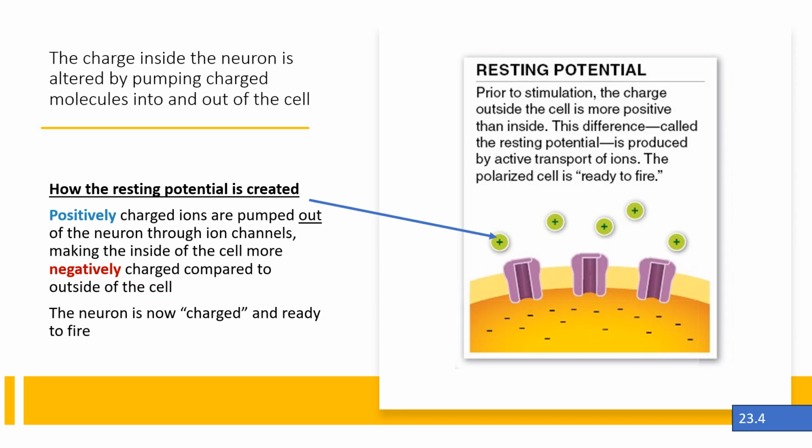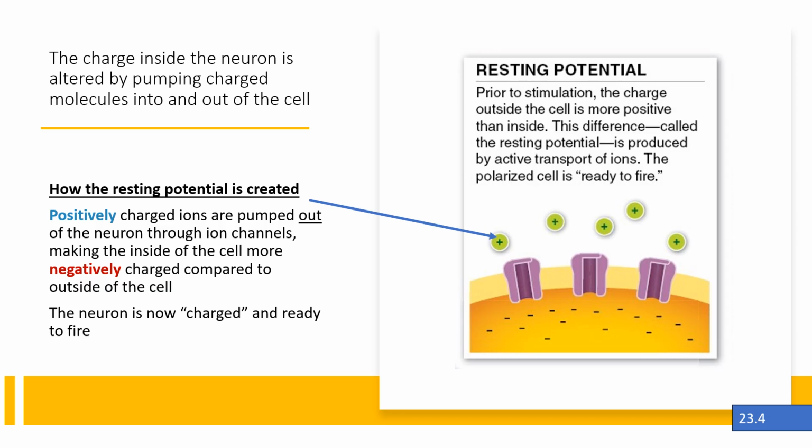So how does the charge inside the cell change? It all has to do with the movement of charged ions into and out of the cell. To generate a resting potential, the neuron pumps positively charged ions outside of the cell through ion channels in the cell membrane. Notice I said pump.